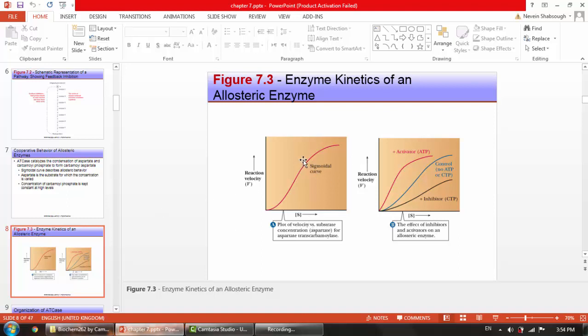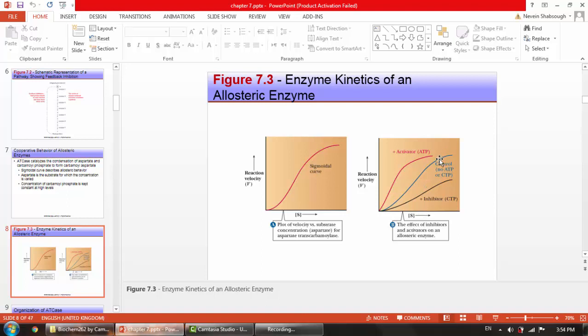type of curve. Now when we add the inhibitor, as you can see, this is the control, no ATP or CTP, the blue line. Here when we add the inhibitor, the curve shifts to a higher substrate concentration and becomes more sigmoidal at this high concentration of substrate.